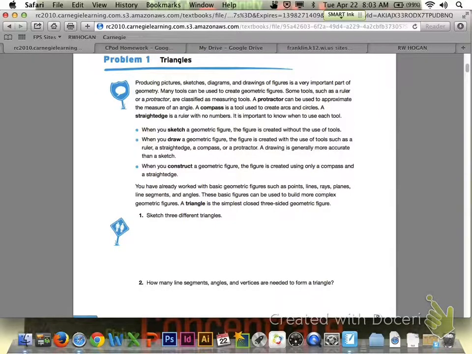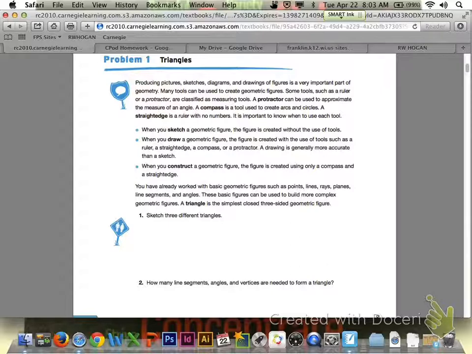On the top of page 820, problem 1 starts us off with triangles today. It says, producing pictures, sketches, diagrams, and drawings of figures is a very important part of geometry. Many tools can be used to create geometric figures. Some tools, such as a ruler or a protractor, are classified as measuring tools.